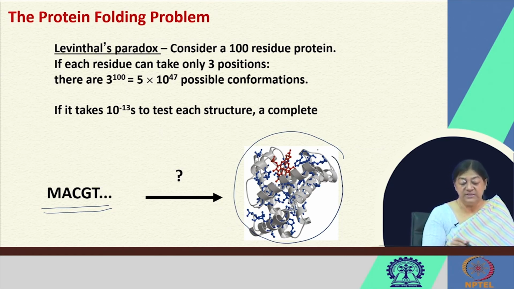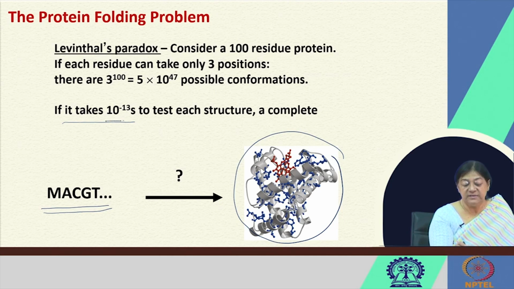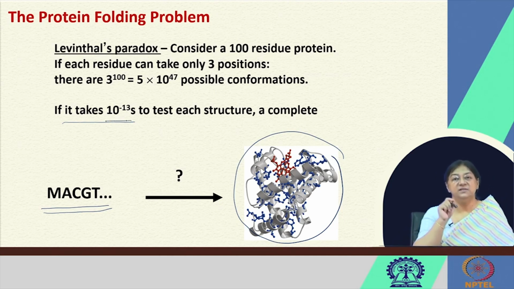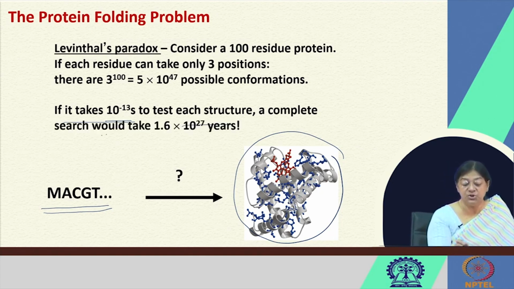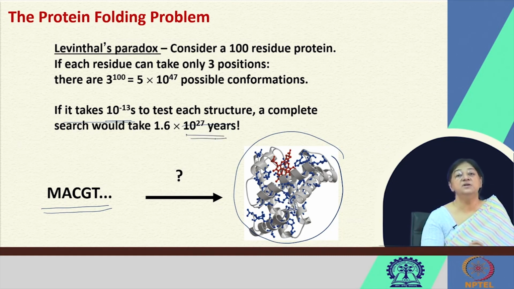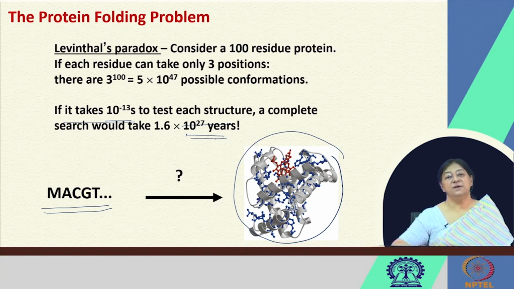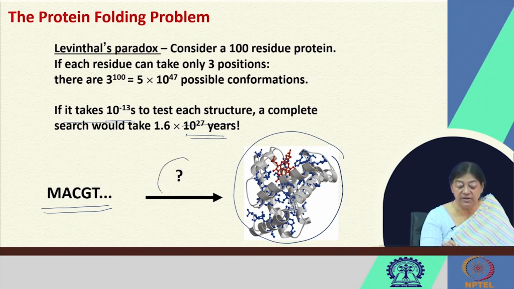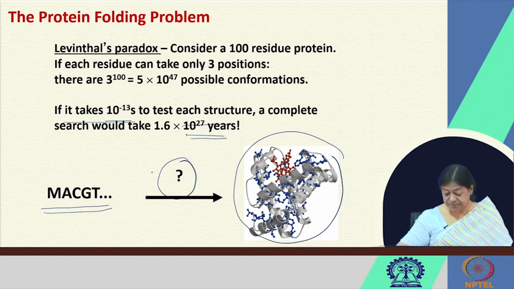The question is, if it takes 10 to the minus 13 seconds to test each of these possible folded structures, that is even less than a picosecond to test each structure, then a complete search would take 10 to the 27 years. And how long does it take for a protein to fold? Less than a second, sometimes some milliseconds. So, this is the intriguing protein folding problem.